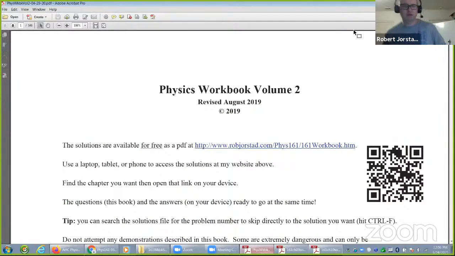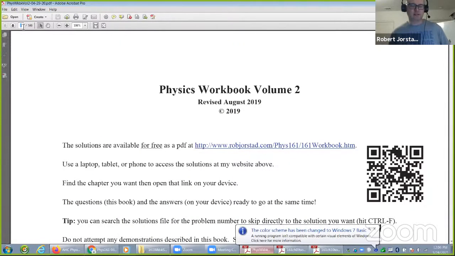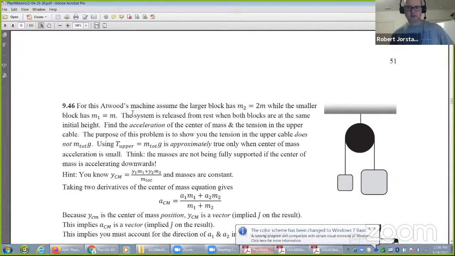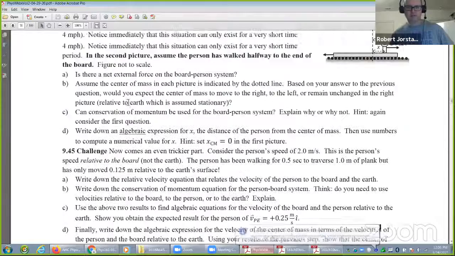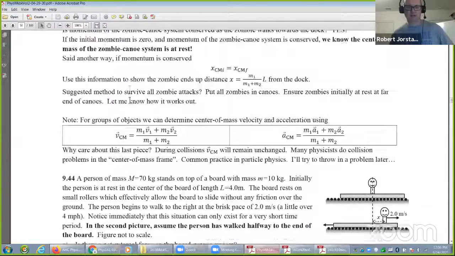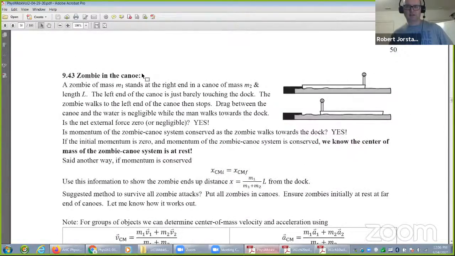There we go. So let's see. I think we're somewhere around page 51. Is that right? Okay, close to that. I think we're right here, zombie in the canoe. There we go. And so this is page 50. Apologies for that.